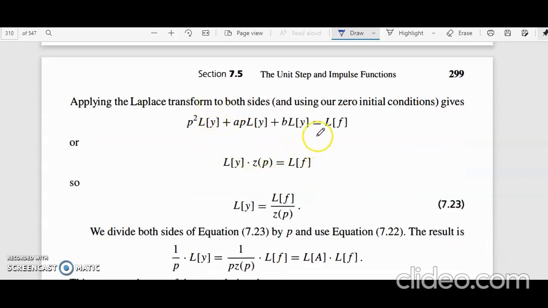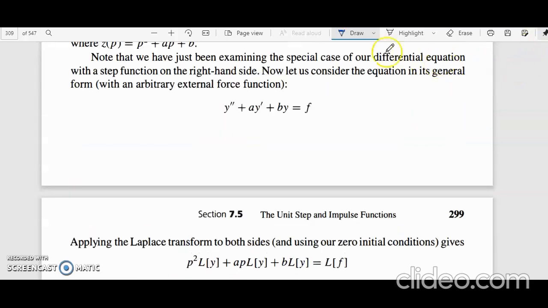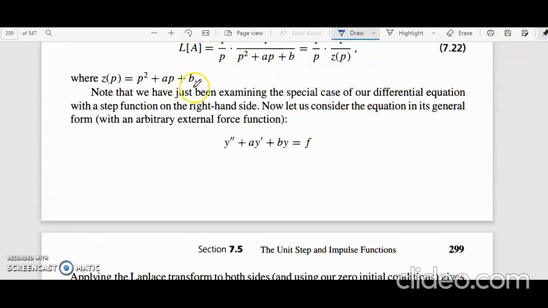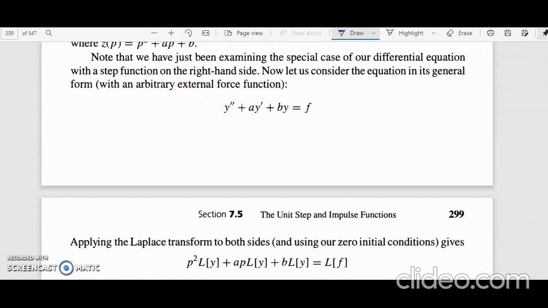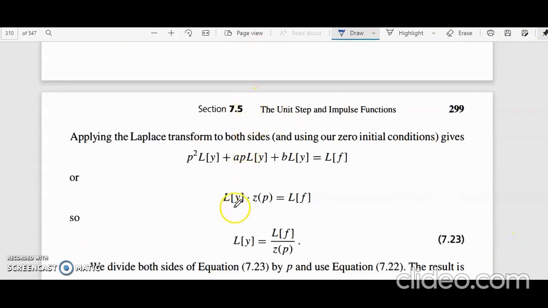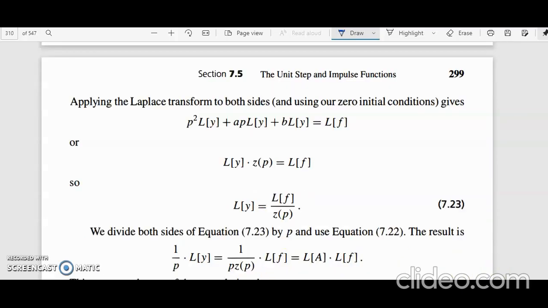The same way we take the Laplace transform, and you get L of y into z of p, where z of p is p square plus ap plus b for the general equation too. So on the right side you will have L of f. So L of y will be equal to L of f by z of p.